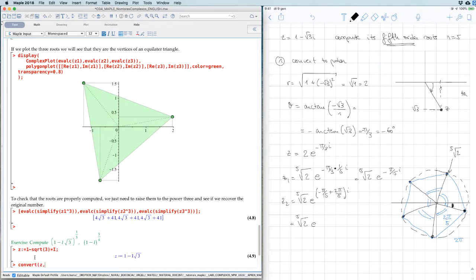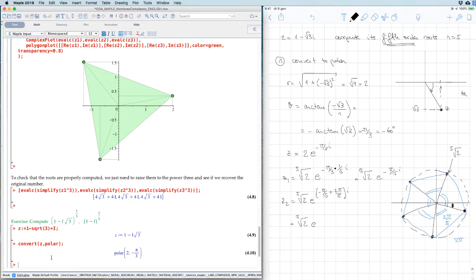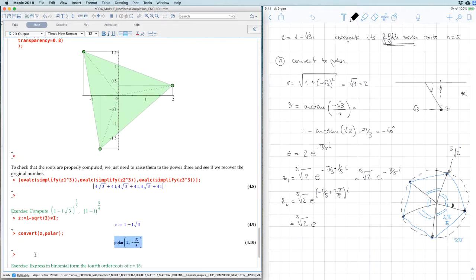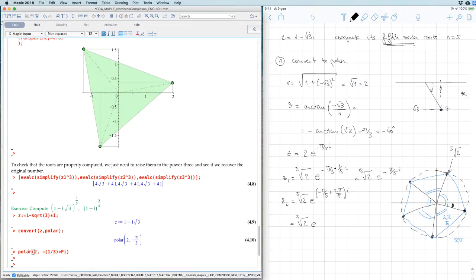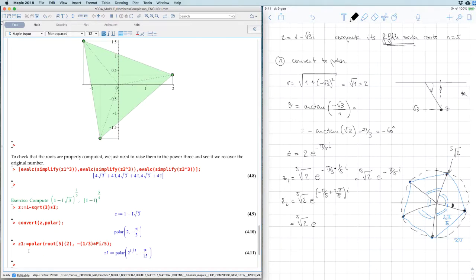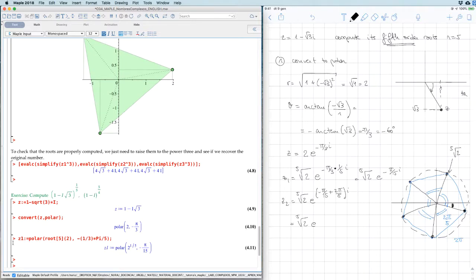So we convert z to polar. And now once we have this, let's do z1. z1 is going to be the fifth order root of 2, and we divide the argument by 5, because this is the n. This is minus pi over 15.